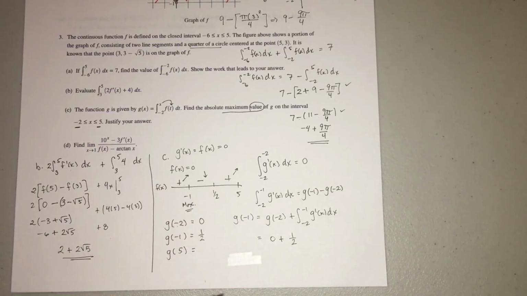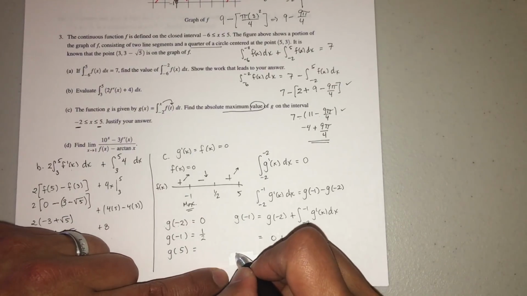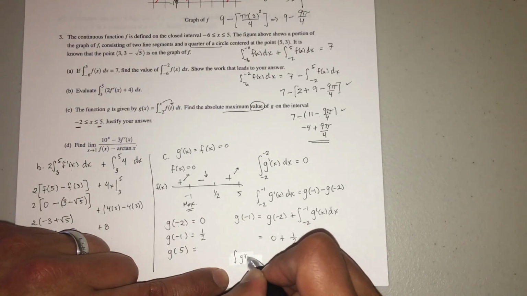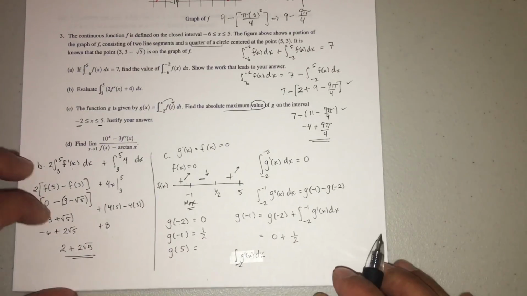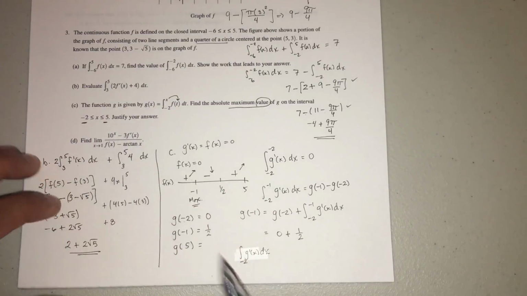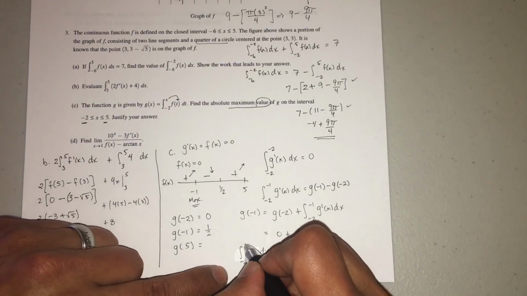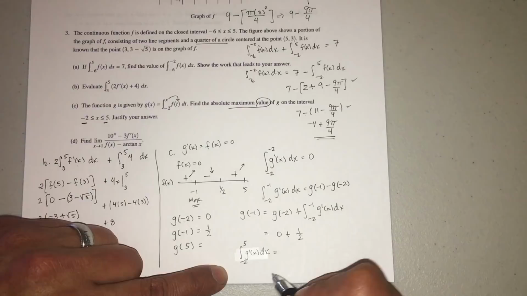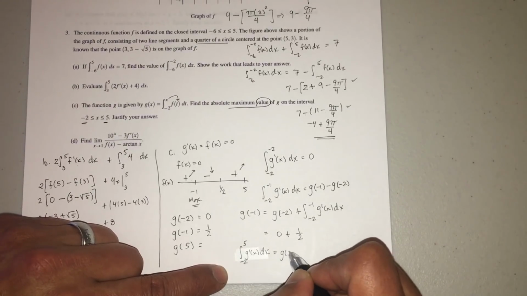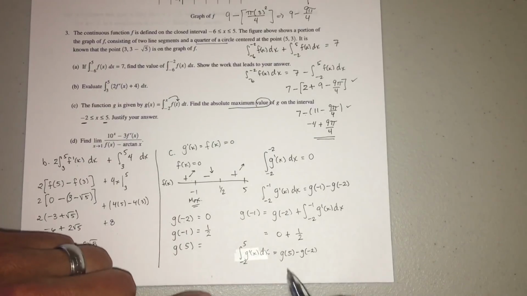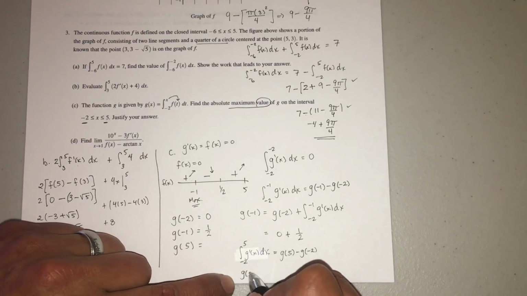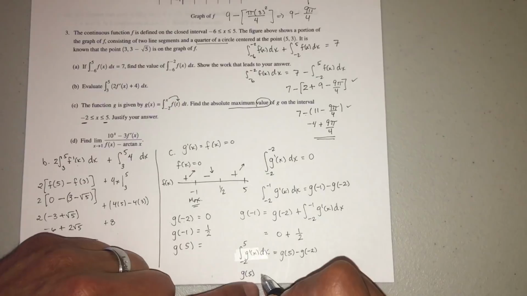I'm going to do the integral of g prime of x dx, and we're going to go from -2, because they don't give us an initial condition, but we know we're starting from -2, and then we're going to go to 5. It's going to give us g of 5 minus g of -2. Now I have to solve for g of 5, and this guy goes to the left and becomes a positive.